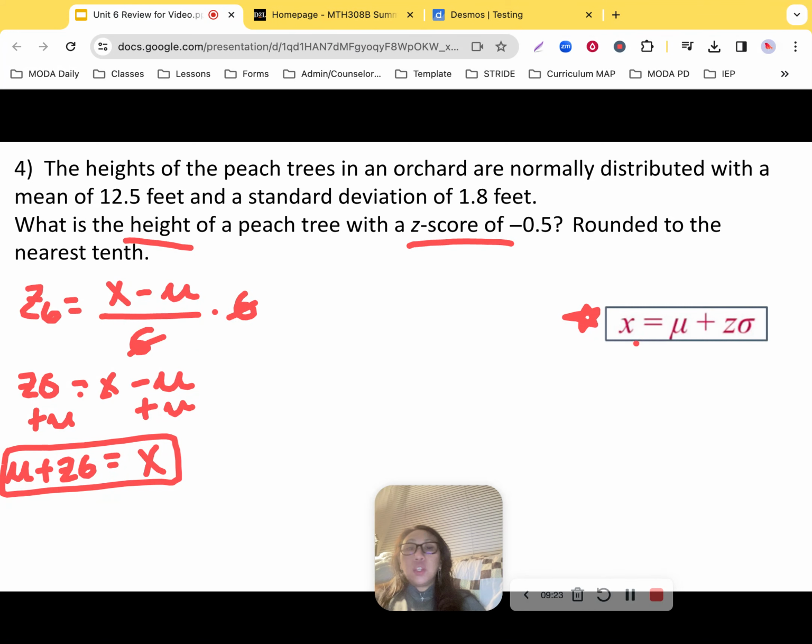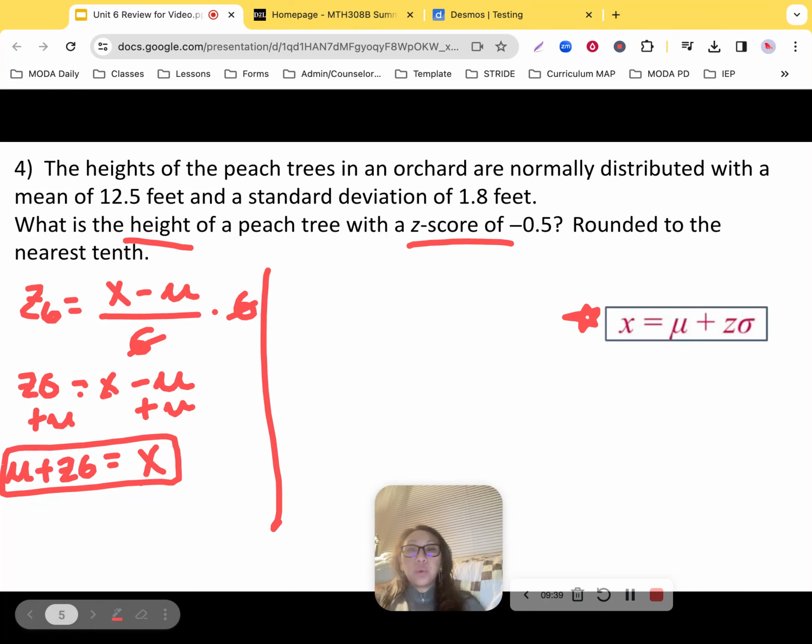So in this case, you can use this formula or use the z-score formula to convert it to this formula, or just familiarize yourself with whatever formula you are comfortable with. So in this case, we are going to use that raw score right here, which is derived from the z-score.